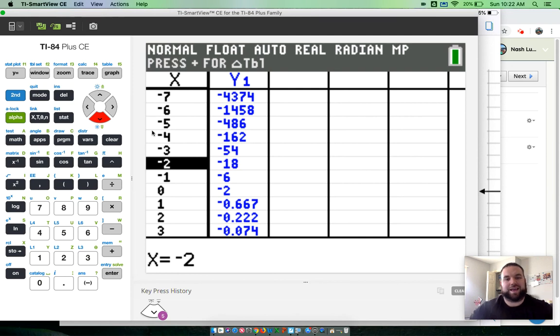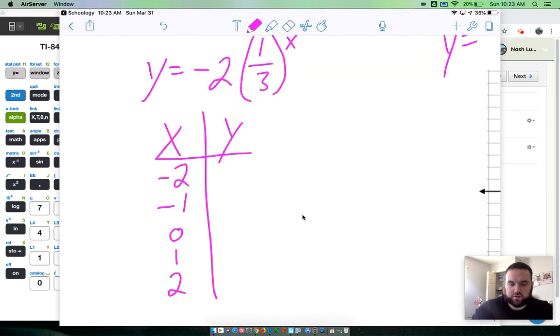So here are my coordinates I'm going to use. Negative 18, negative 6, negative 2, negative 0.6 repeating, negative 0.2 repeating.